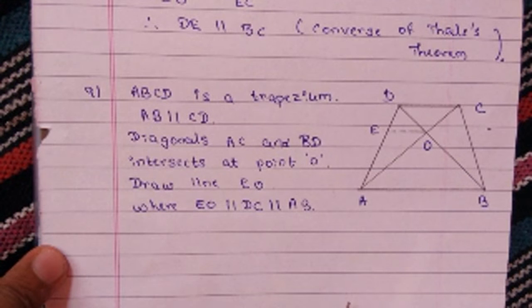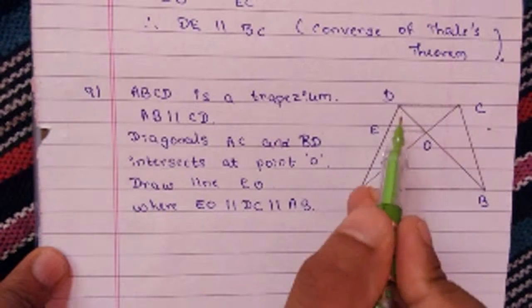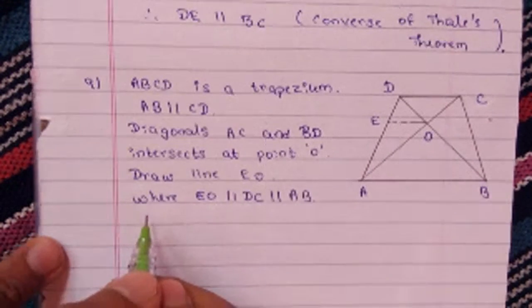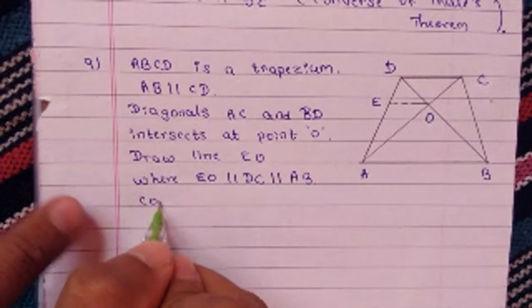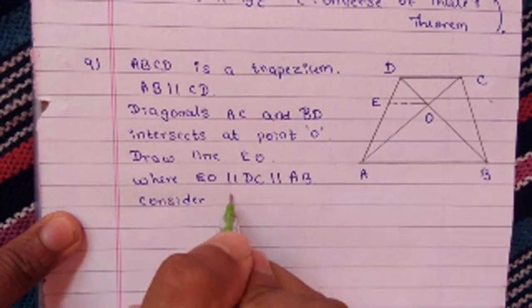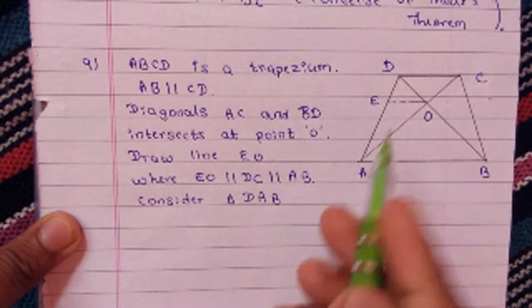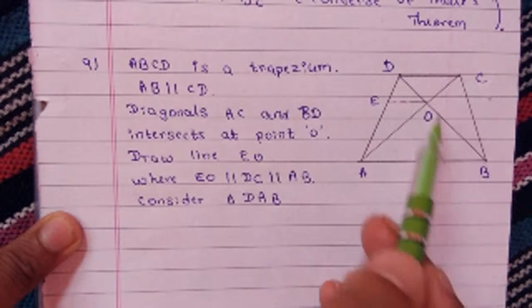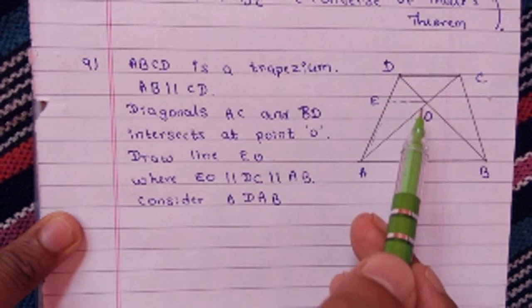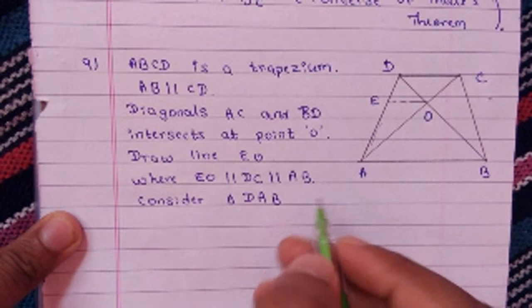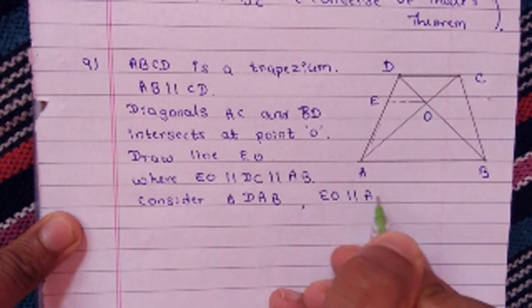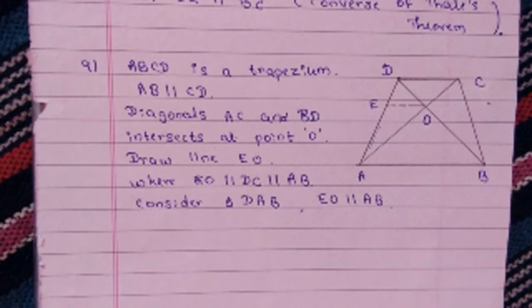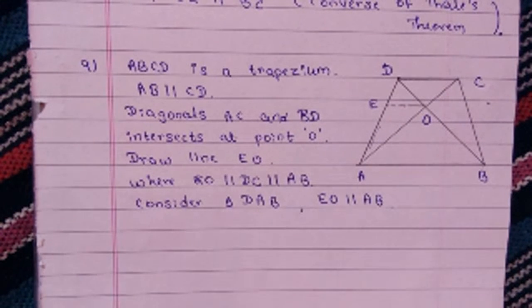In this I will consider triangle DAB. In triangle DAB, EO is parallel to AB. So when one line is drawn parallel to one side, the other two sides are divided in the same ratio.